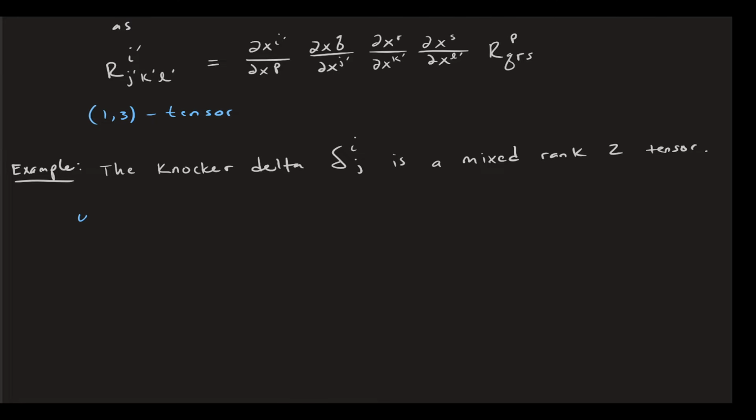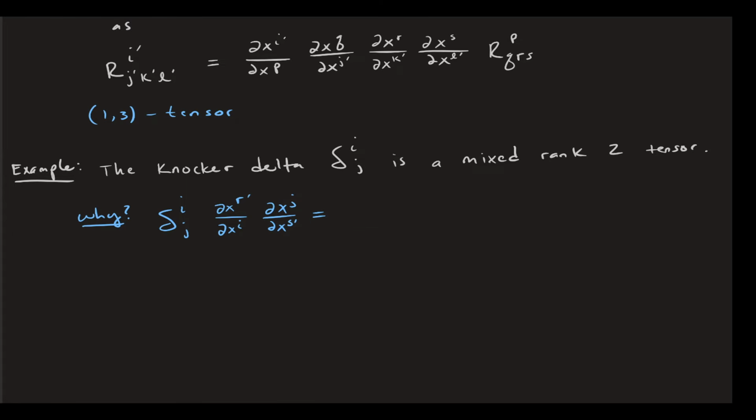So why? Well, let's look at how it transforms. We look at delta^i_j, and let's say we multiplied it by partial x^r' over partial x^i, and multiply that again by partial x^j over partial x^s'.